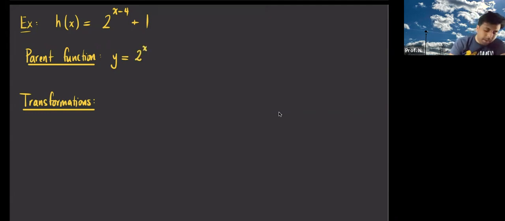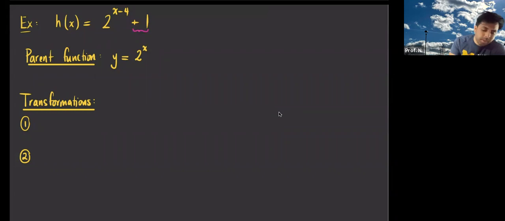Now, what are my transformations? And I only really have 2 of these. So what kind of transformations do I apply to this parent function? A vertical shift upwards, yes, that is one. And it comes from right here, the +1 is a vertical shift.